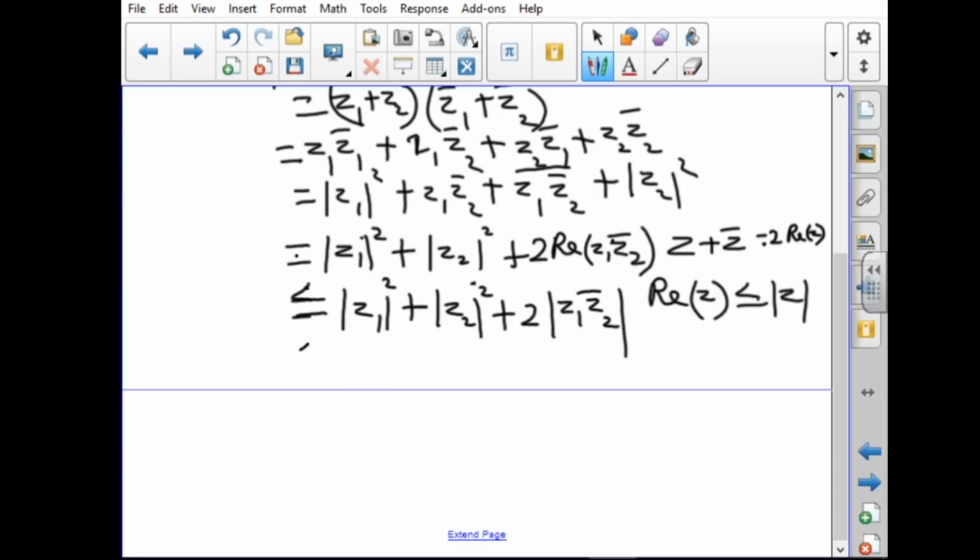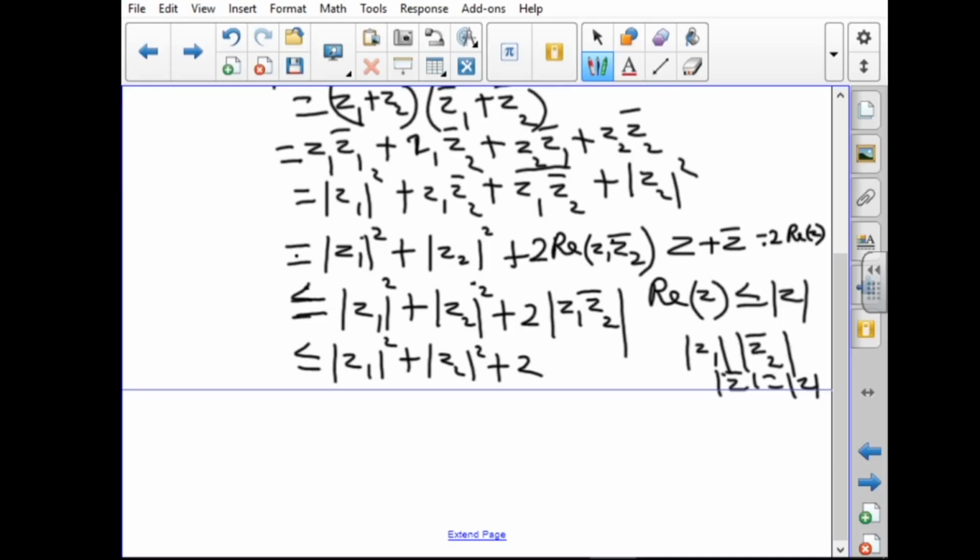So now this is less than or equal to modulus of z1 square plus modulus of z2 square plus 2 into modulus of z1 into modulus of z2 bar, and we know that modulus of z bar is equal to modulus of z. Therefore, this can be taken as modulus of z1 into modulus of z2.